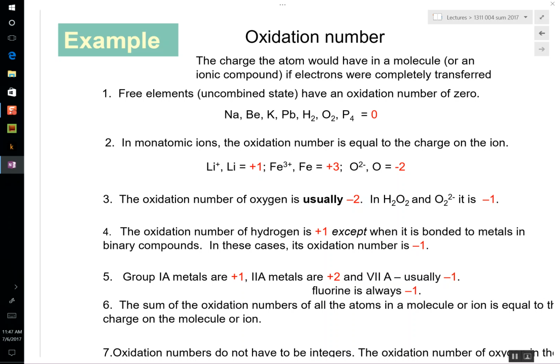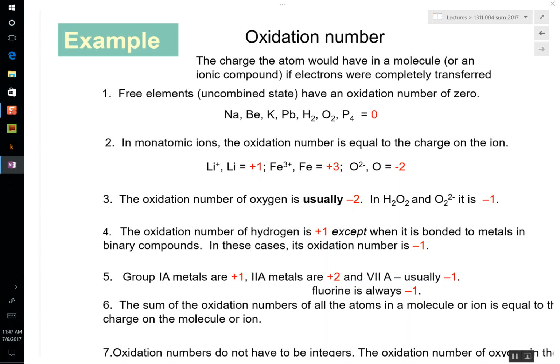Number 3, oxygen. Oxygen itself, typically -2. When we were learning formulas, I said oxygen and sulfur 99% of the time are going to have a -2 charge in a compound, like potassium oxide or calcium oxide.